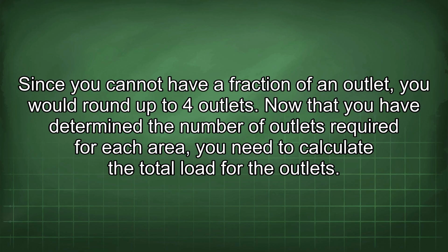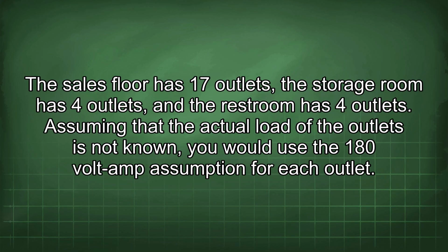Now that you have determined the number of outlets required for each area, you need to calculate the total load for the outlets. The sales floor has 17 outlets, the storage room has 4 outlets, and the restroom has 4 outlets. Assuming that the actual load of the outlets is not known, you would use the 180 volt amp assumption for each outlet.